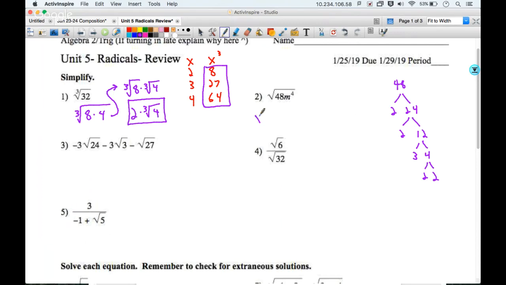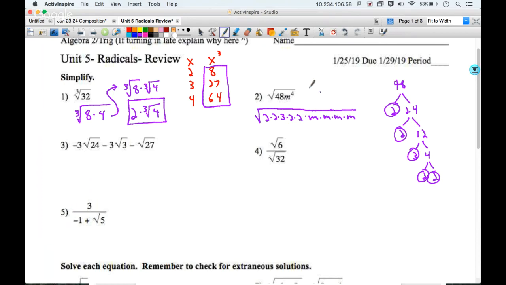So I'm going to rewrite this, and instead of 48, I'm just going to write multiplication of all of the end factors of all of these branches. 2 times 2 times 3 times 2 times 2. And for the m to the 4th, I'm going to write out m 4 times.